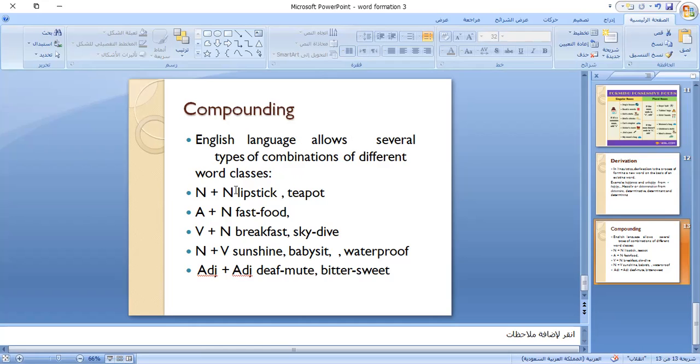Now, adjective and noun, like what? Fast food. Fast is an adjective, food is a noun, but we don't consider them two words. They are combined together to form fast food. Verb plus noun: break, fast.